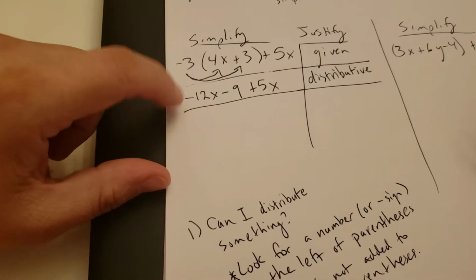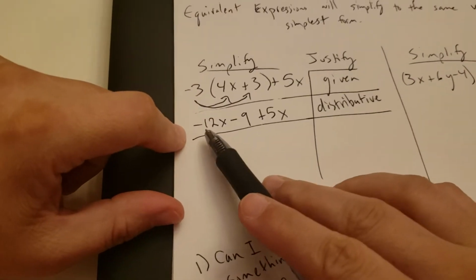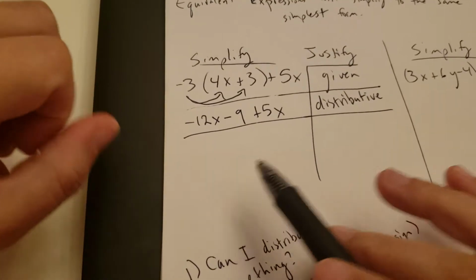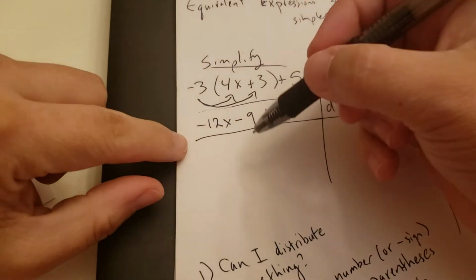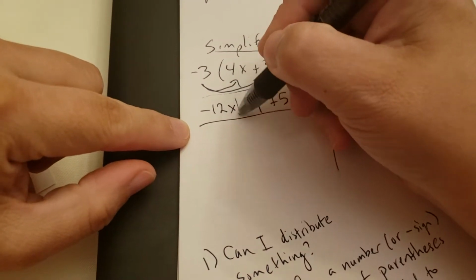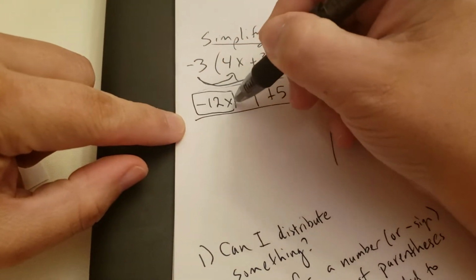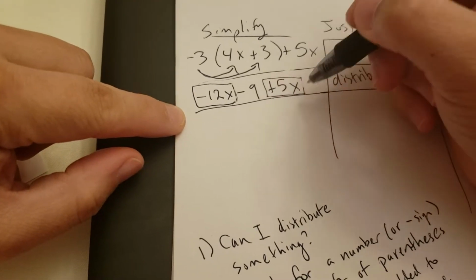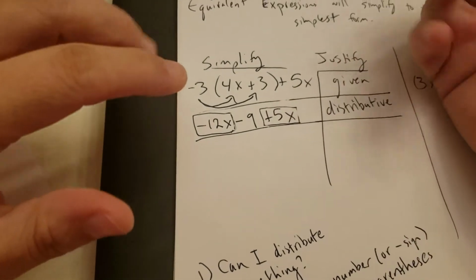One thing that's a common thing to do right here is you say, okay, I'm going to make sure all of my like terms are next to each other so I don't lose anything. So I'm going to say I've got this minus 12x or negative 12x at the front. I got this positive or plus 5x. Those guys all have x in them.